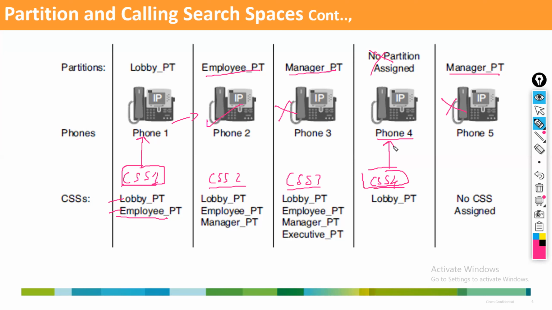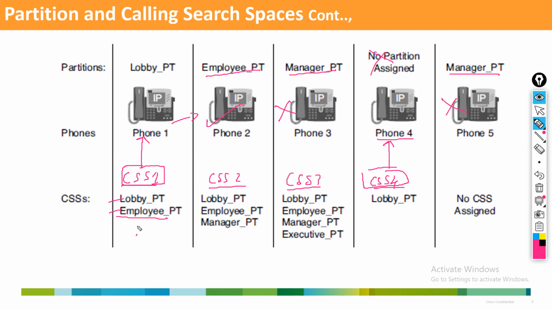Check it out with the more senior. Not possible? See, phone 4 doesn't have any partition, right? Now, whenever you want to dial, you have the CSS, and under that CSS the destination partition should be contained.